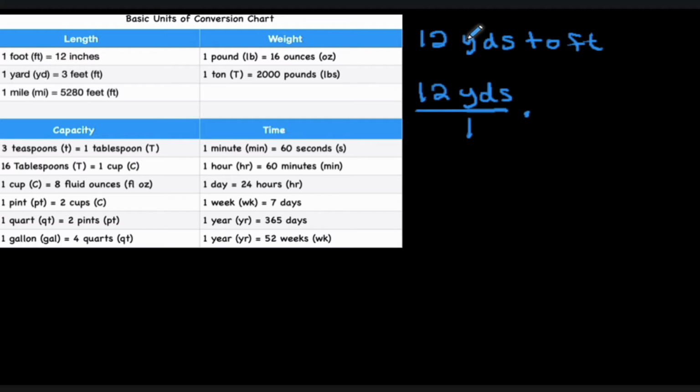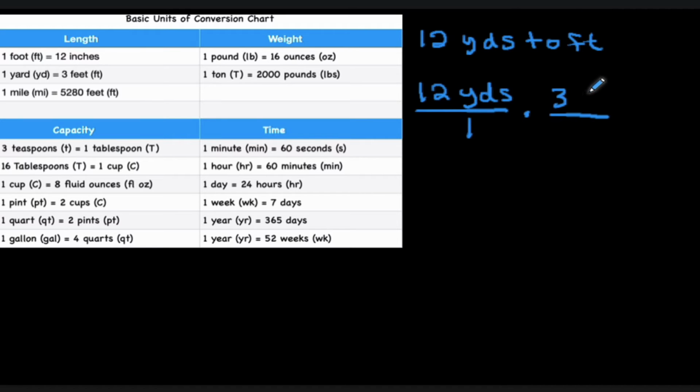Multiply, and we are converting from yards to feet. So we have 1 yard is equal to 3 feet. So that means we have to place 3 feet in the numerator, right? Because that's what we want. That's the answer, right, that we're looking for, something in feet.